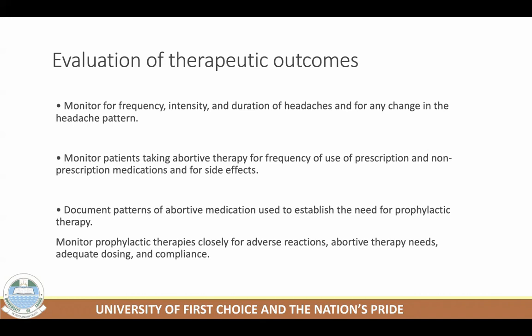Okay, so when they're coming for their reviews, you check their adherence, you check how well they are using their prophylactic treatment. Then you also, of course, monitor their liver enzymes, kidney function tests, and be sure that nothing in that range is calling for attention.